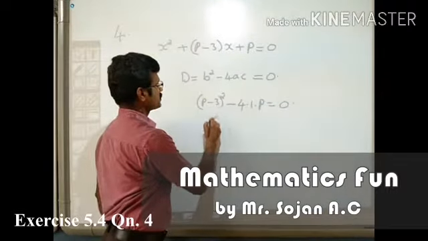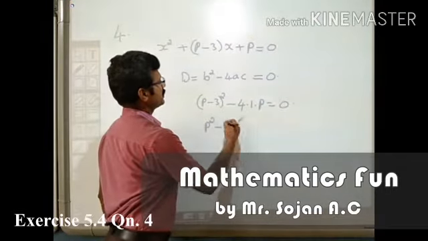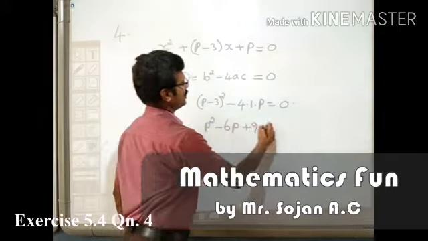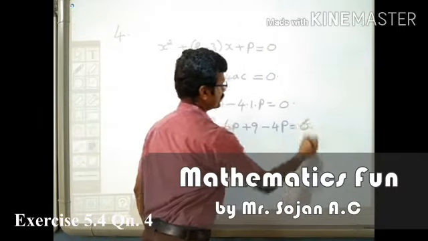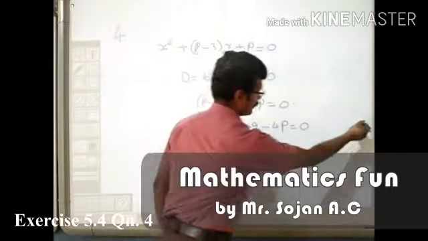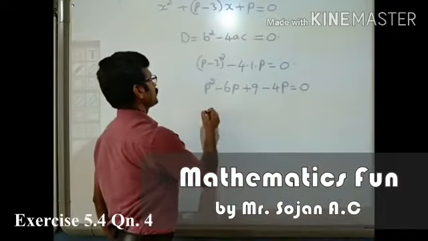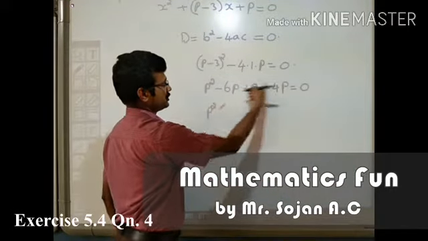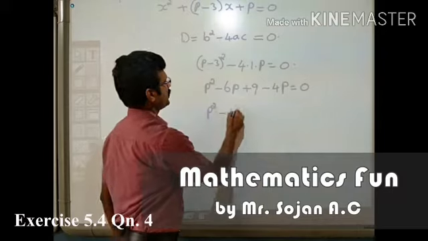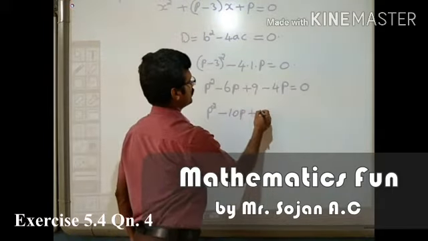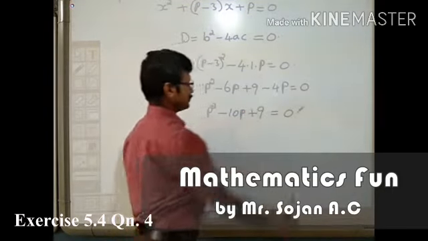So it becomes p square minus 6p plus 9 minus 4p is equal to 0. Now I am grouping: p square, and these two terms together come to minus 10p plus 9 is equal to 0.